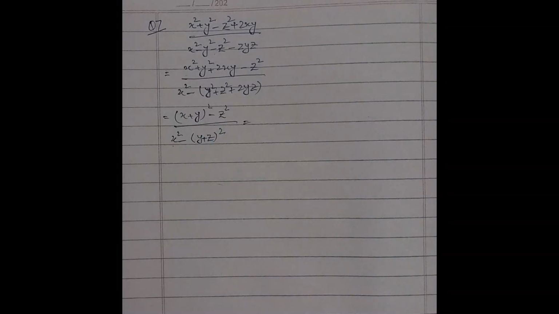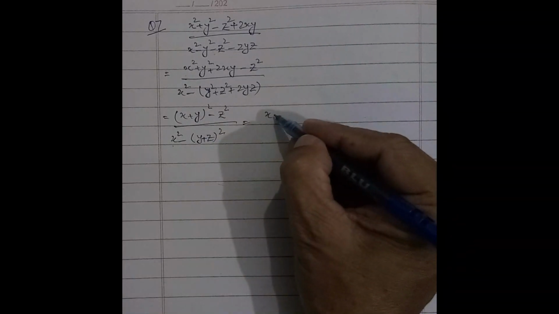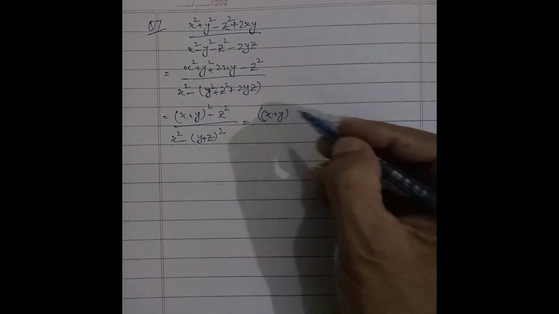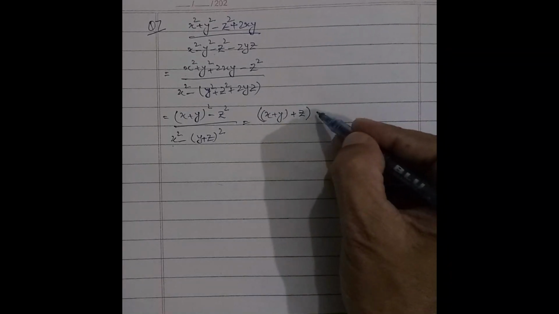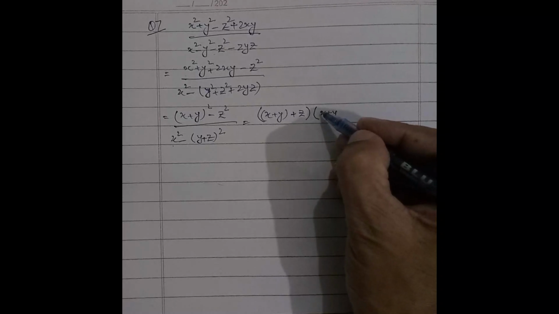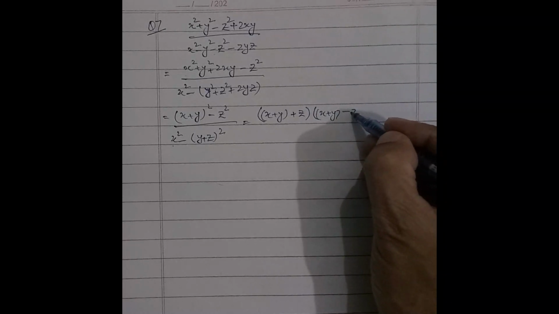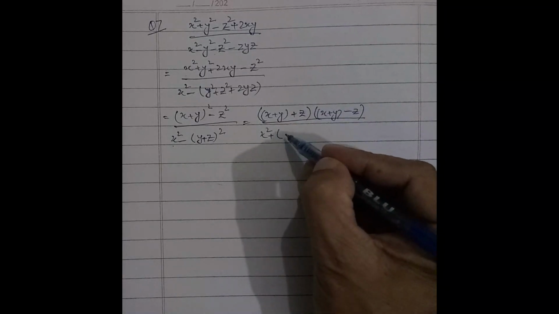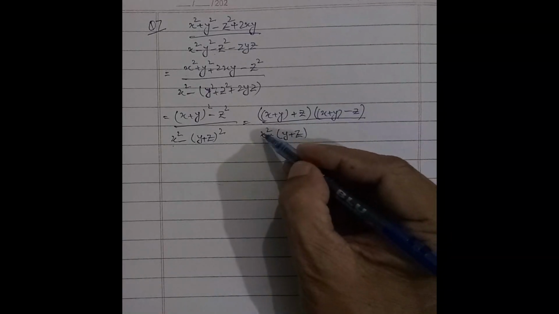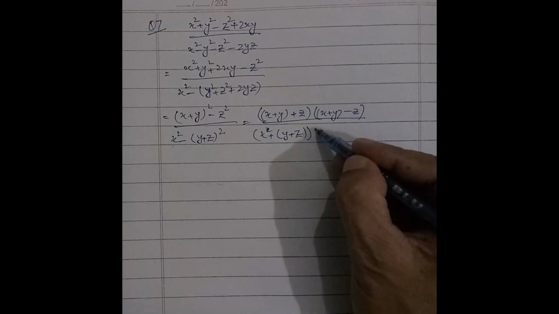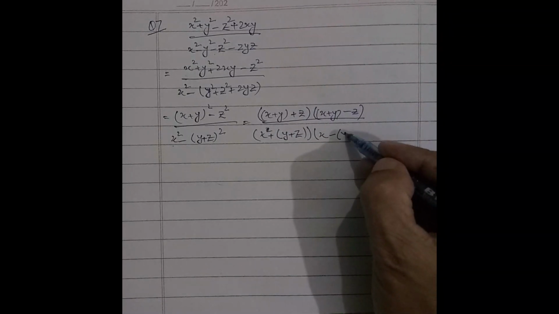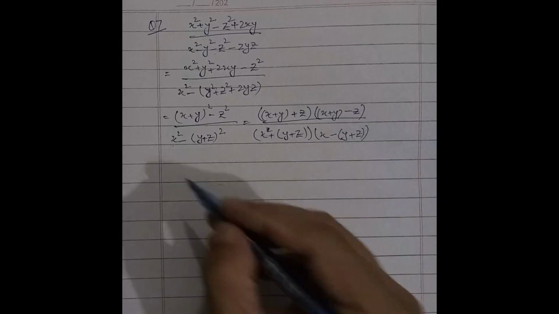And the answer is a plus b into a minus b, x plus y plus z, x plus y minus z. And in the denominator it is x plus y plus z and x minus y plus z.